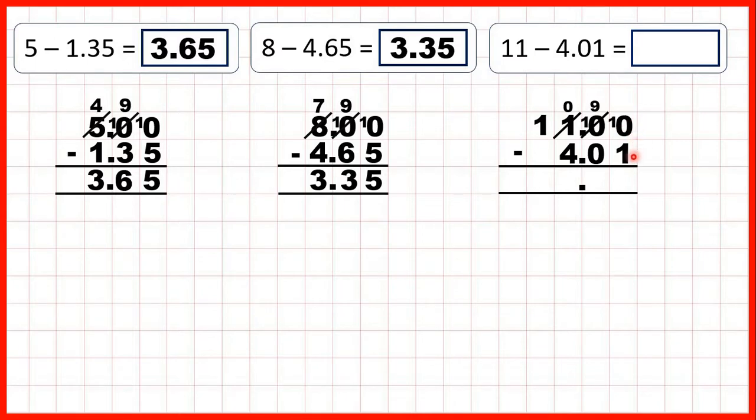Now 10 minus 1 is 9, 9 minus 0 is 9. We can't do 0 minus 4, so go to the left, 1 less, 1 in front. 10 minus 4 is 6, and 0 minus nothing is 0. So that gives us our answer, 6.99.